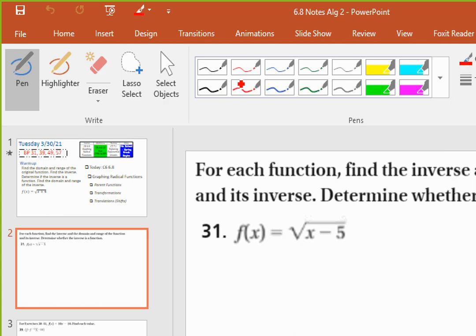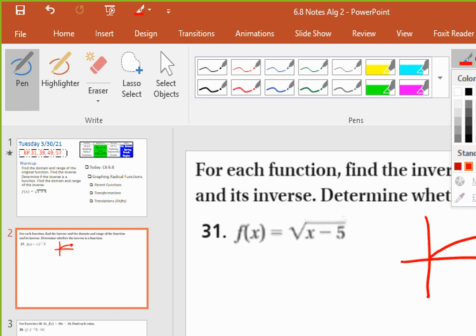First, f of x is the square root of x minus 5. We should know that the parent function, square root of x, looks something like this. Now x minus 5 shifts it 5 units to the right, and it still takes the same shape.